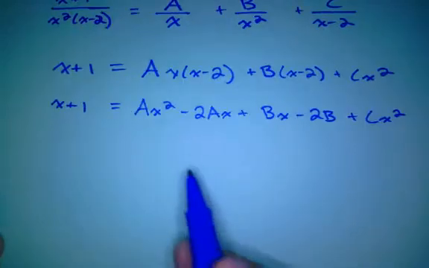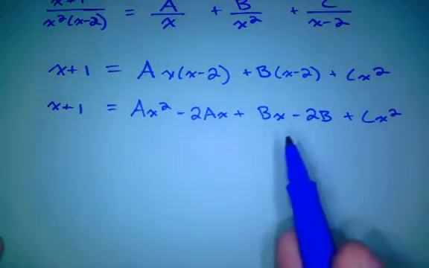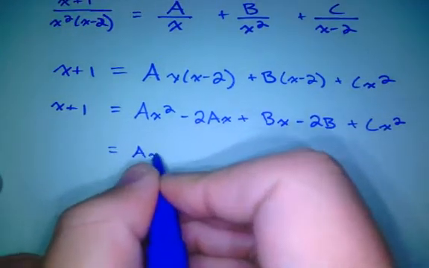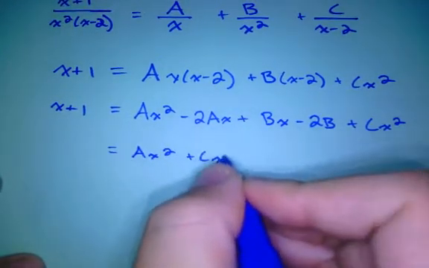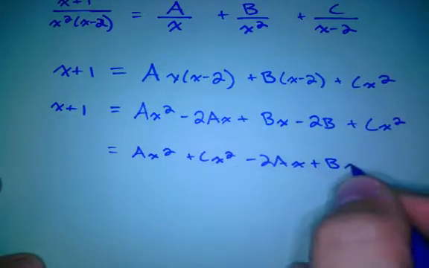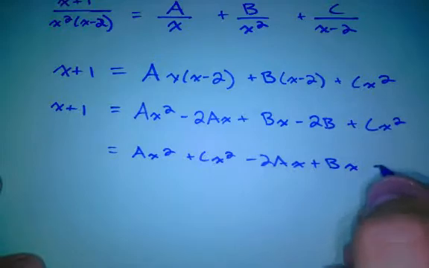Let's organize it now. So on the right-hand side, I have x squareds, I have x's, and then I have constants. So I'm going to have ax squared plus cx squared minus 2ax plus bx minus 2b. Am I missing anything?